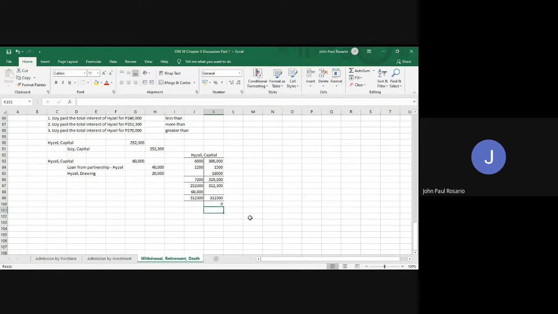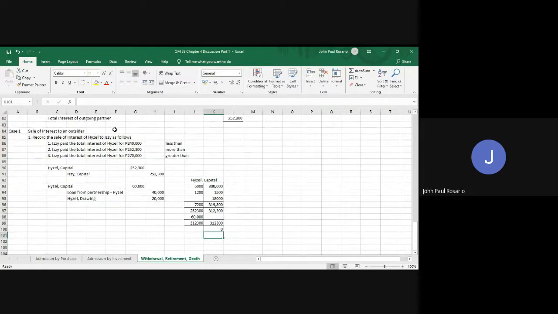Okay? Sige. So, sir, unsa man di pulos aning 240, 253, 300, 270? Again, this is a personal transaction between Easy and Hazel, which means ang kaning transaction will not appear in the books of the partnership, but it will appear in the books of the partners themselves.